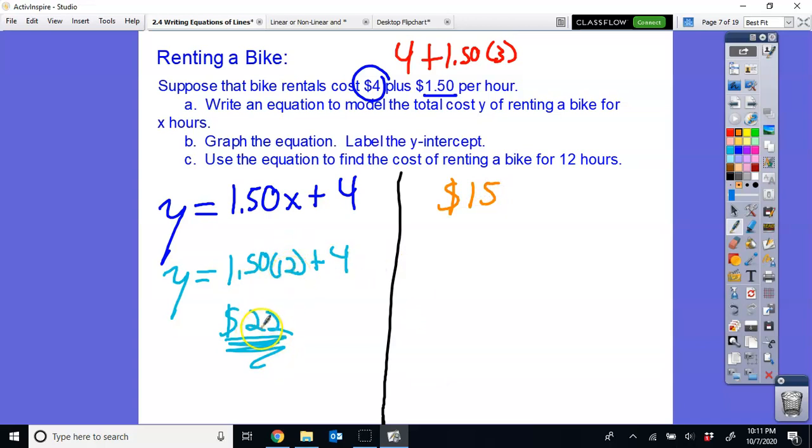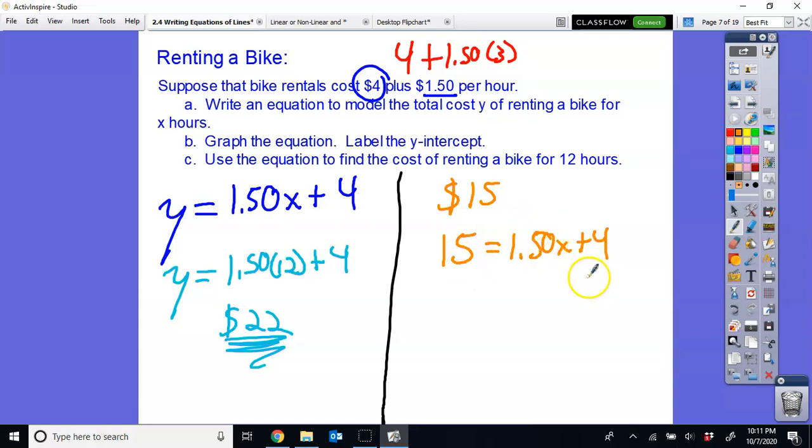I know that 22 is going to be too big, but I can plug in 15 for the Y value instead of the X value. And so this leads me to an equation that only has an X in it instead of a Y equals like this one. Because $15 is the total cost, X is the number of hours.